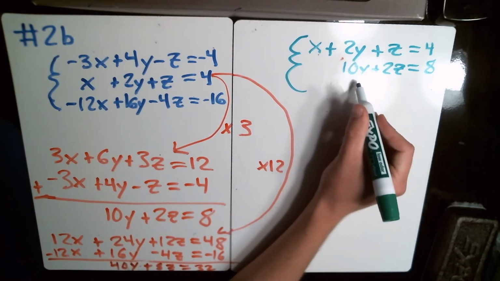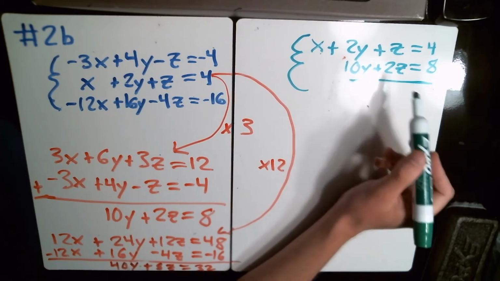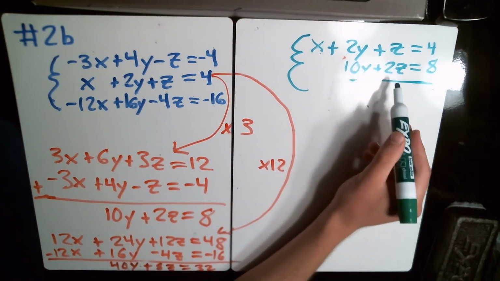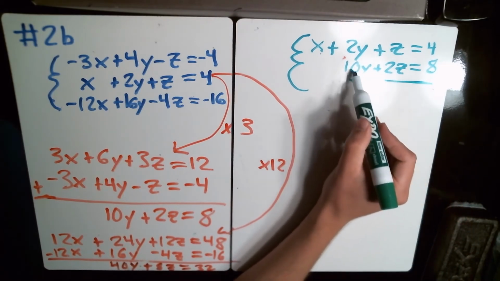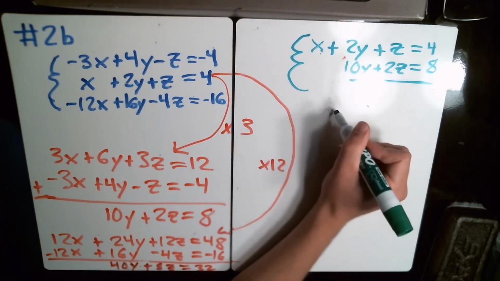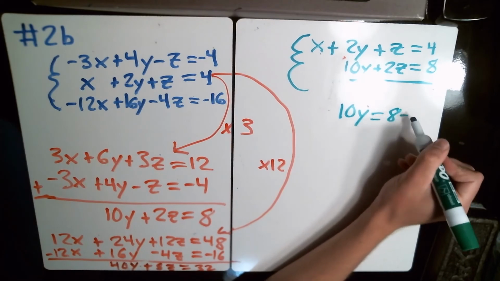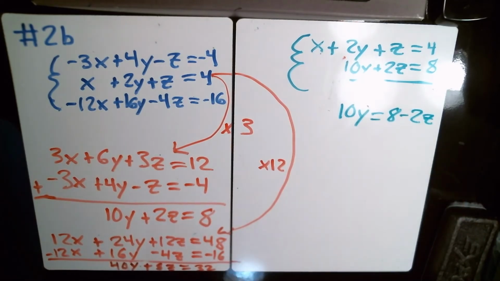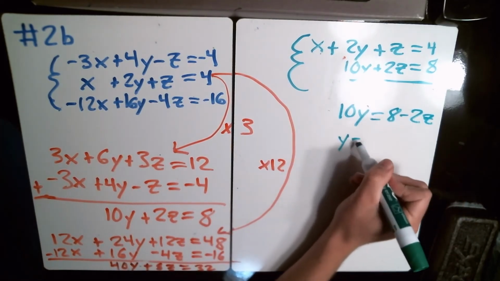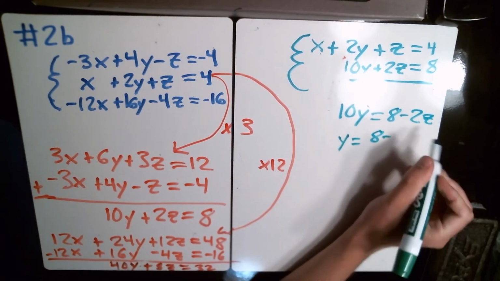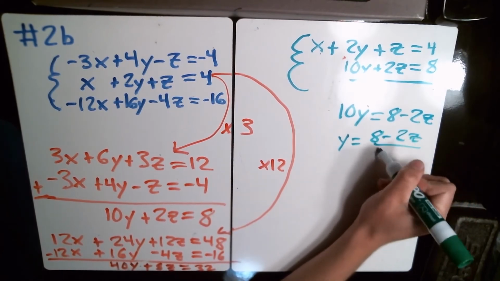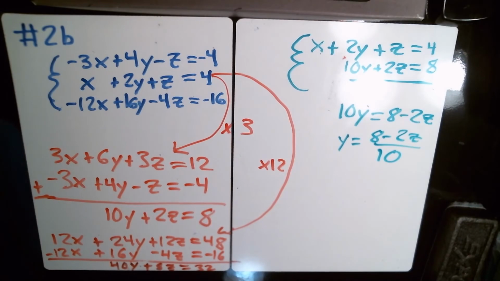So let's start with y here, because this equation just has y's and z's in it. So I'm going to subtract the 2z over, so we get 10y is 8 minus 2z, and then we're going to divide by 10. So we get 8 minus 2z divided by 10. That's our y. Okay?